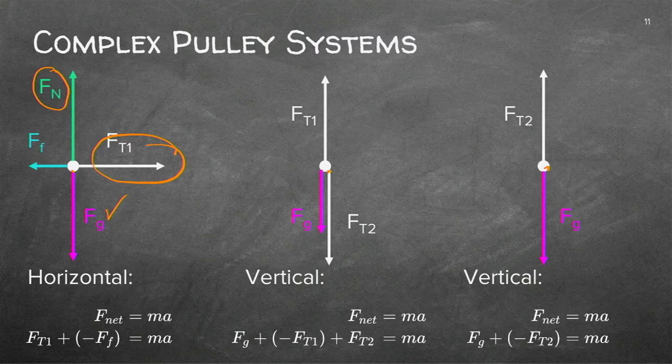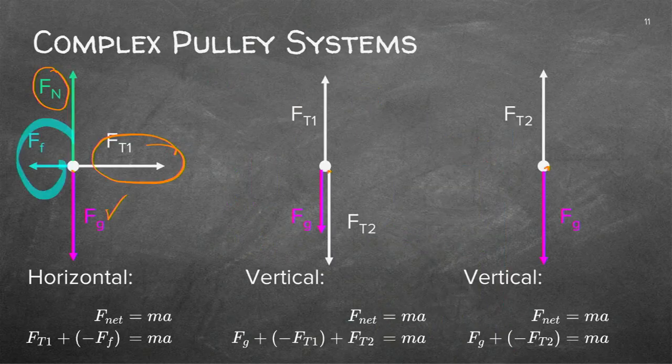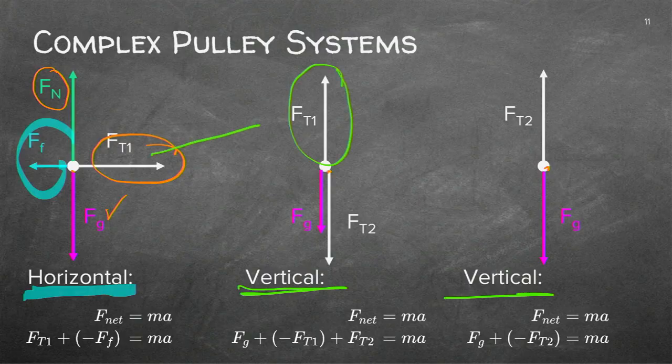And remember we said, then there will be friction. The other two, they are hanging in the vertical. Therefore, this is horizontal, and these two have vertical forces. What's happening? I've got the T1, which is exactly the same there.